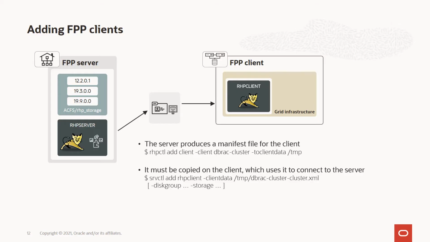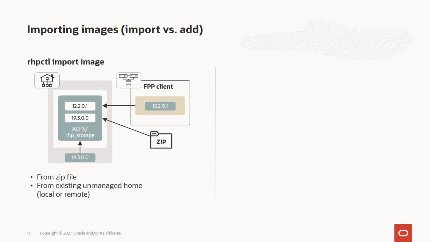There are two ways to provision working copies, and we will see it in the next slides. So how do I import images in the RHP server? There are two ways. The first one is to import an image, and we can do it either from a zip file or from an existing Oracle home that is not managed by the FPP server yet.